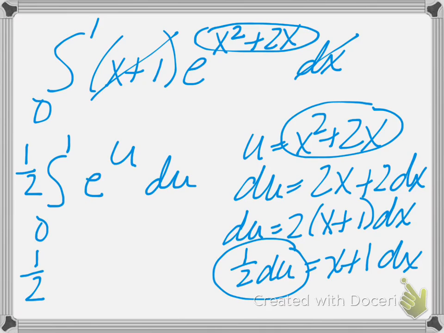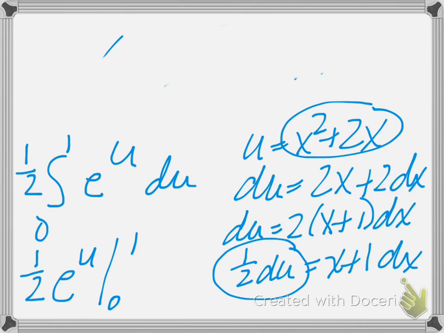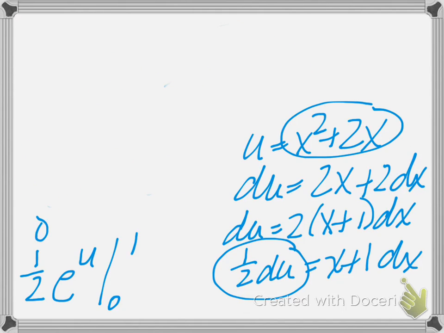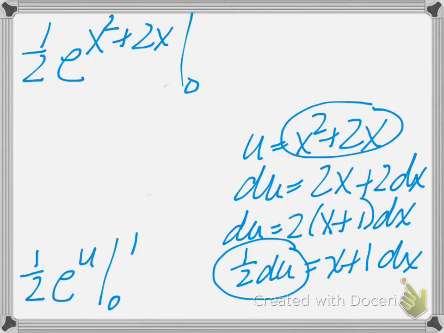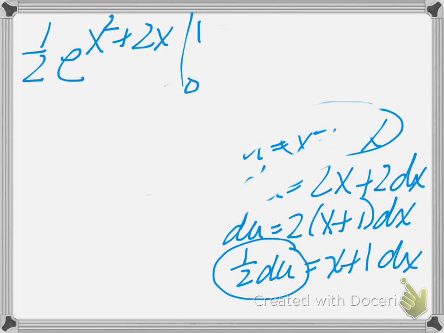The antiderivative of e to the u is just e to the u as it goes from 0 to 1. Let me get rid of all this junk. Now I'm going to replace my u, so I get 1/2 e to the u, where u is really x squared plus 2x, as it goes from 0 to 1.